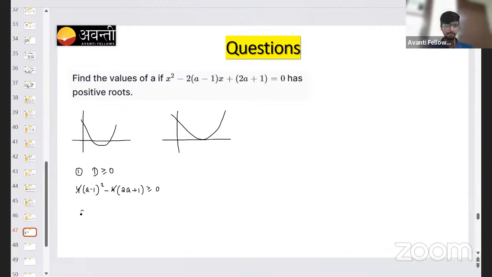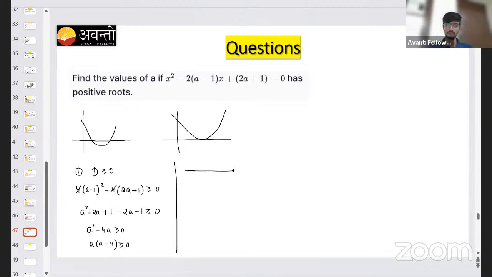Let's open the bracket. So a square minus 2a plus 1 minus 2a minus 1 greater than equals to 0. So a square minus 4a greater than equals to 0. 1 to cancel. a into (a minus 4) greater than equals to 0.